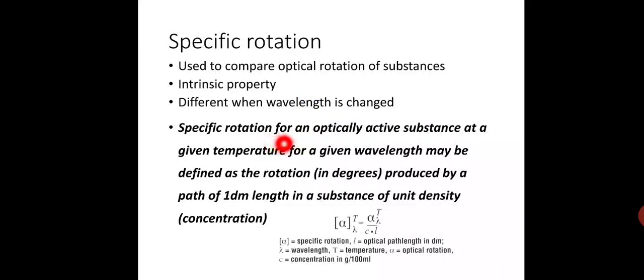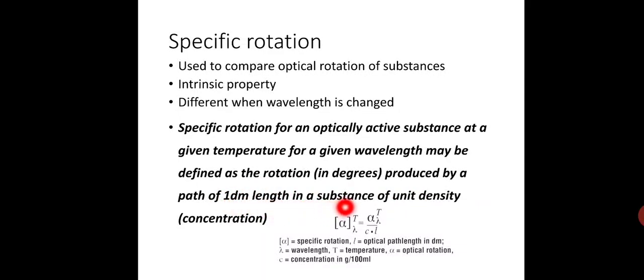The specific rotation of an optically active substance at a given temperature for a given wavelength may be defined as the rotation in degrees produced by a path length of 1 decimeter in a substance of unit density. So here the concentration should be unity, that is 1 gram per 100 ml, and the path length should be 1 decimeter.